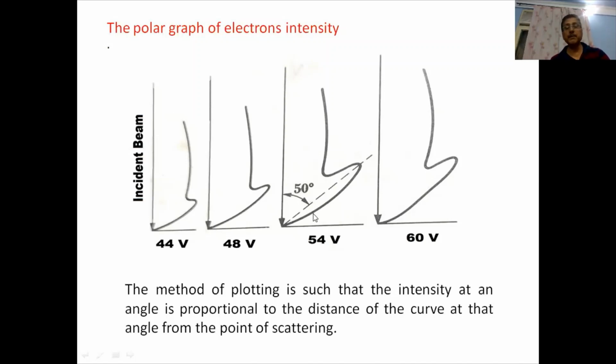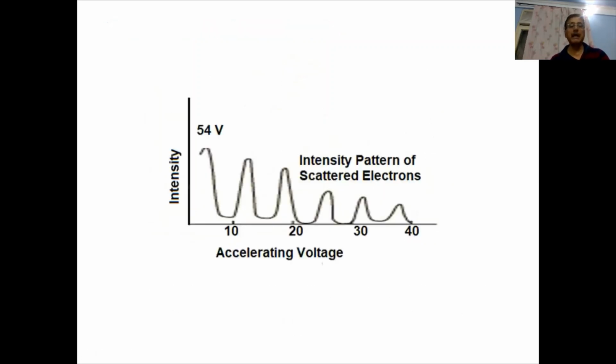This graph is plotted in such a way that the intensity at any angle, for example at 50 degrees, is proportional to the distance of the curve at that angle from the point of scattering. That is, we are talking about this particular distance from here to here. So for different distances, the intensities are different at different angles. This is how the polar graph has been plotted, and this is again the same for 54 electron volts.